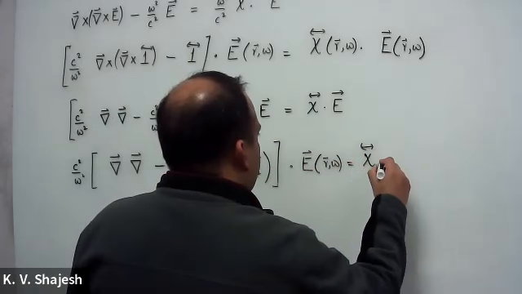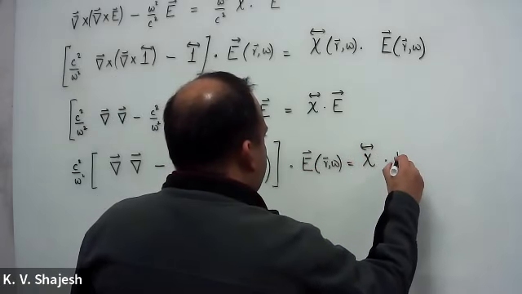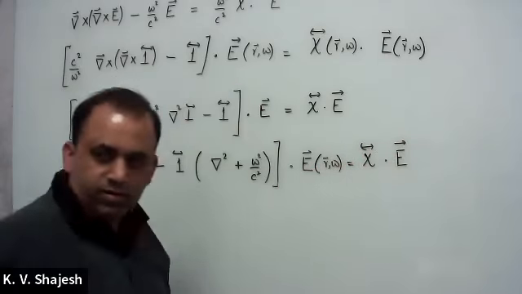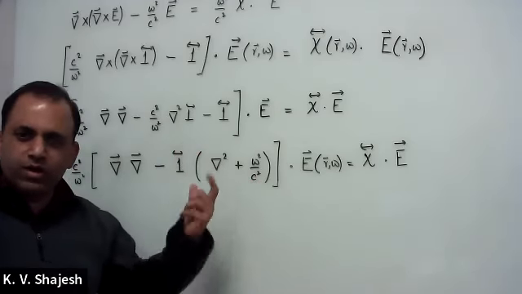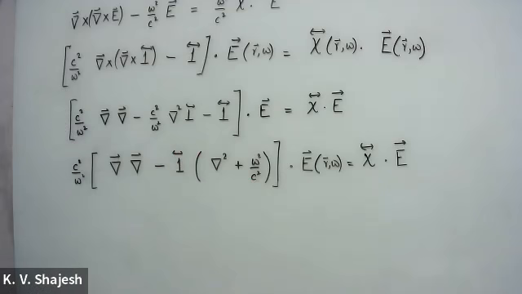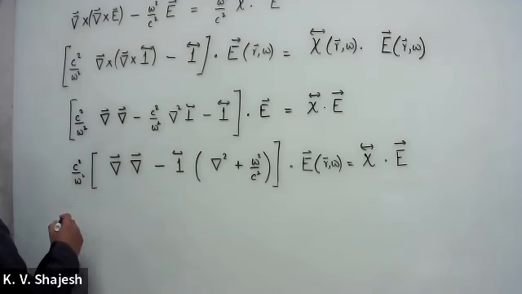Chi dotted with E. So again, this piece here is our old Green's function in the radiation case. So let's define a Green's function. Let's define our Green's. This is called the Green's dyadic.